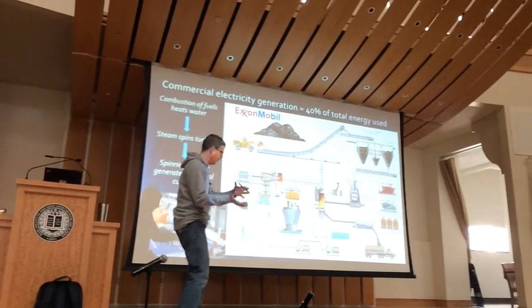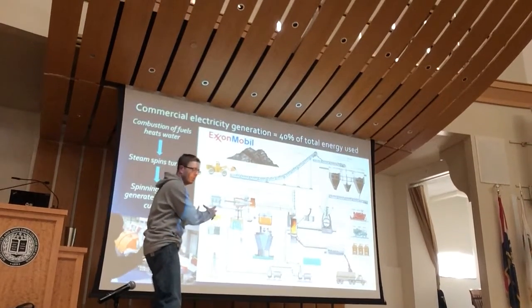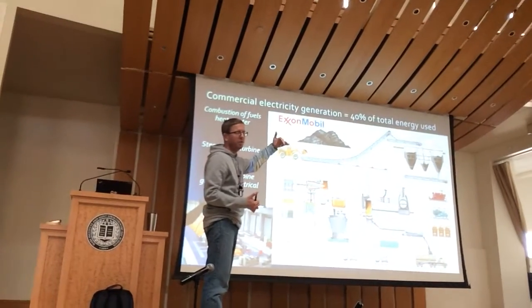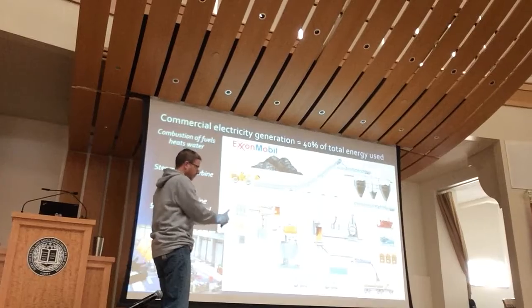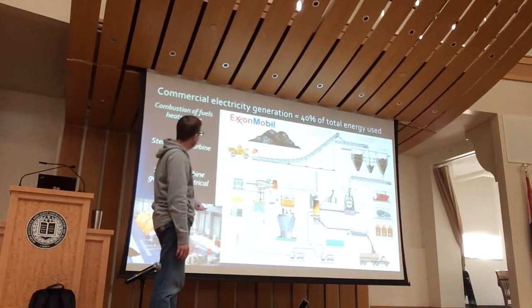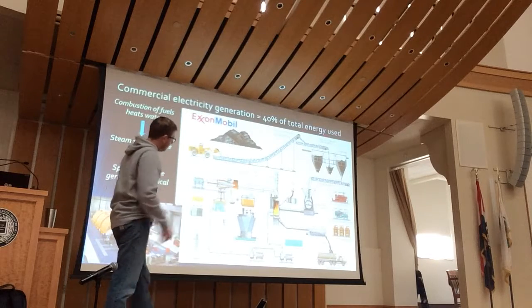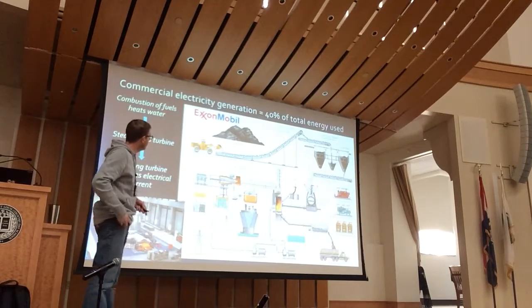Conversely, we have subsistence production, which would be putting a wind turbine in your backyard and solar panels on your roof, right? You're creating energy at a subsistence level versus a commercial level. At the commercial level, this is one way to do it, but these are all the same. You'll see in other models as well.